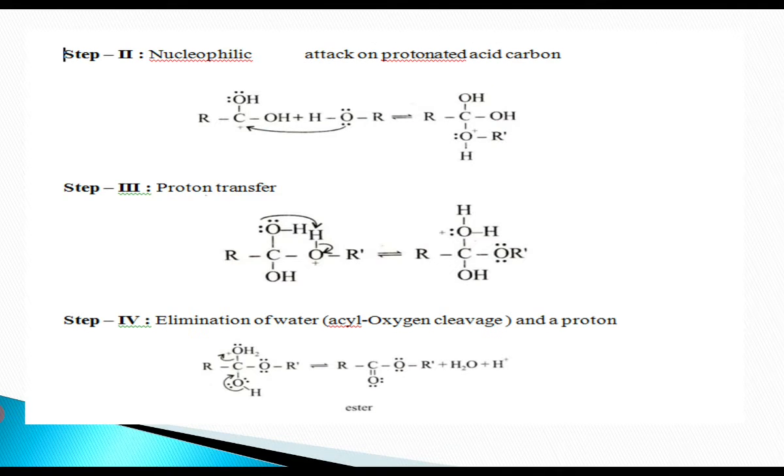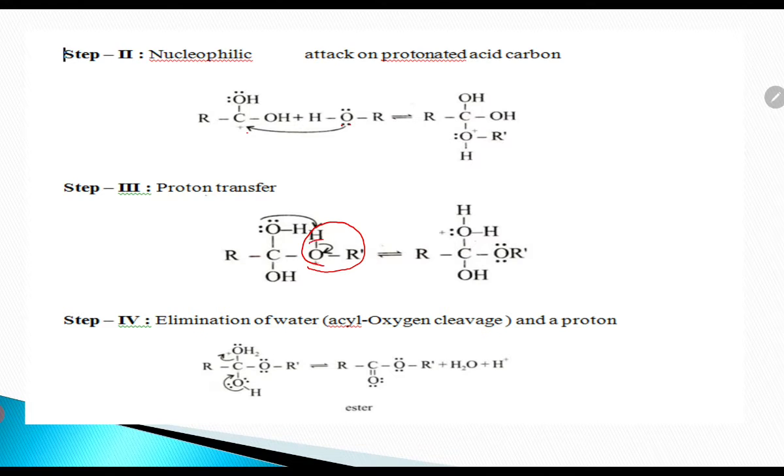In the second step, the nucleophile, that is the alcohol, having a lone pair of electrons on the oxygen atom, attacks the protonated acid carbon. See here, this oxygen with electrons is going and attacking the carbon atom. Next, proton transfer takes place from this alcohol group to the OH group of the carboxylic acid.